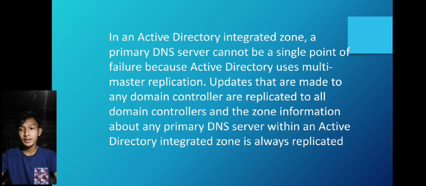So updates that are made to any domain controller are replicated to all domain controllers, and the zone information about any primary DNS server within an Active Directory integrated zone is always replicated.